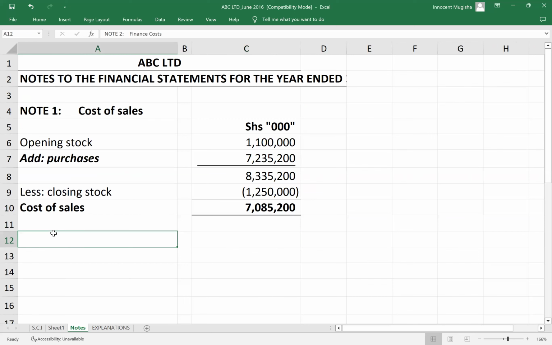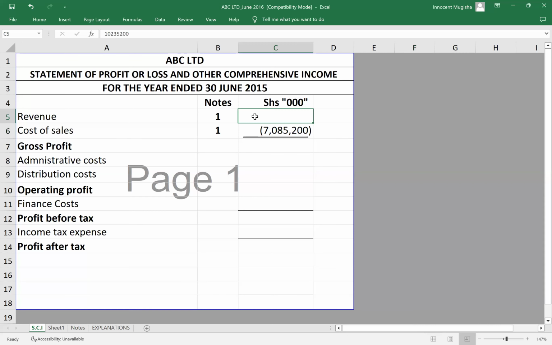Okay, I think I have my sales. My sales are given outrightly as 10,235. If you look at the revenue, 10,235, I don't need a note here because the revenue has no adjustment.